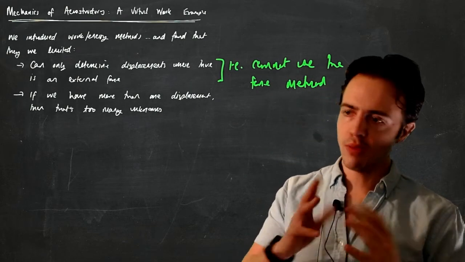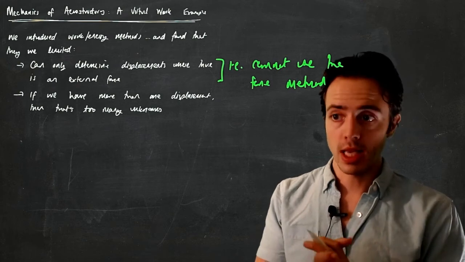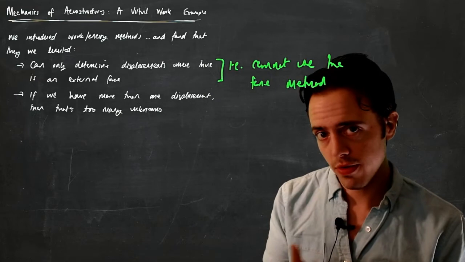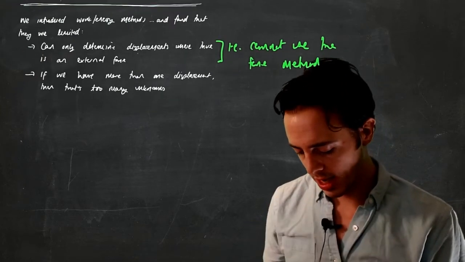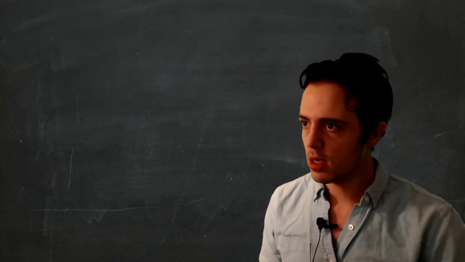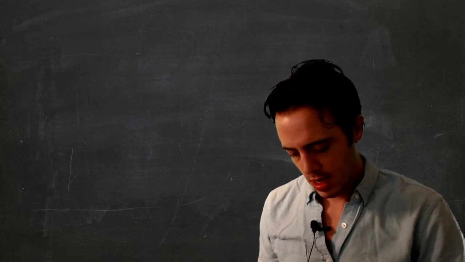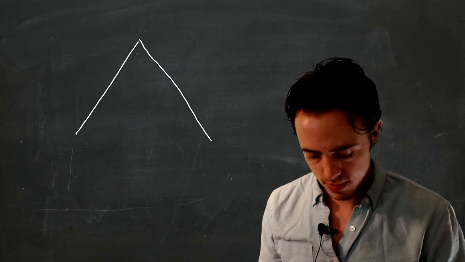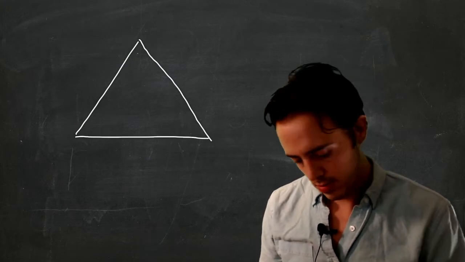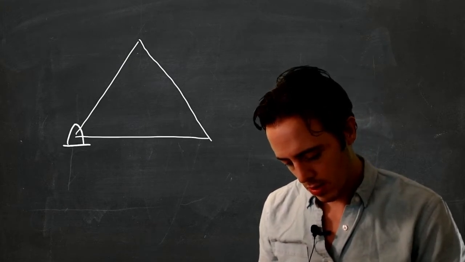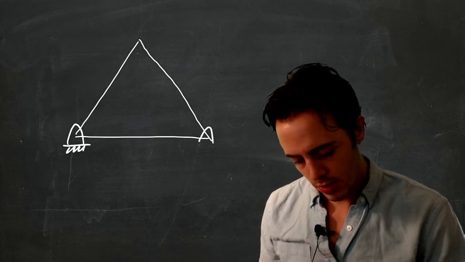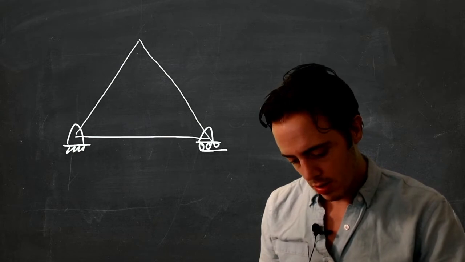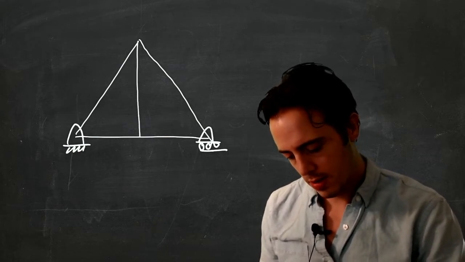So I'm going to draw a problem similar to one of the problems we've got in the accompanying notes. I'm going to half solve it today and then probably finish it off in another lecture. So let's say that we have a triangular structure. It has one built-in support and one roller support, and it's joined in the center here.